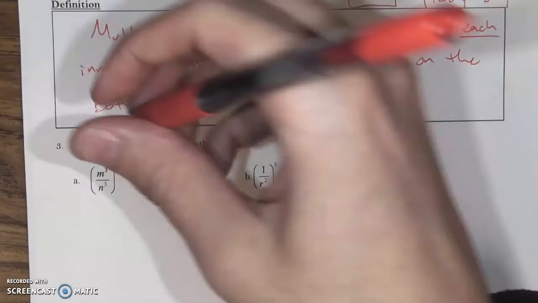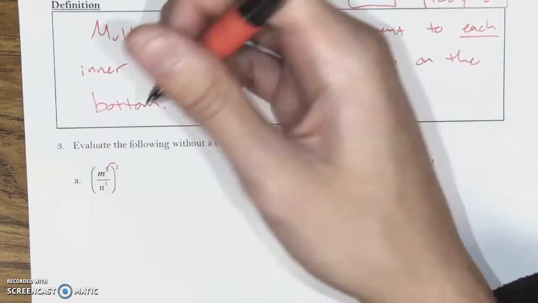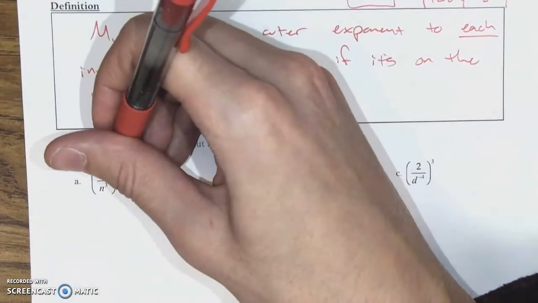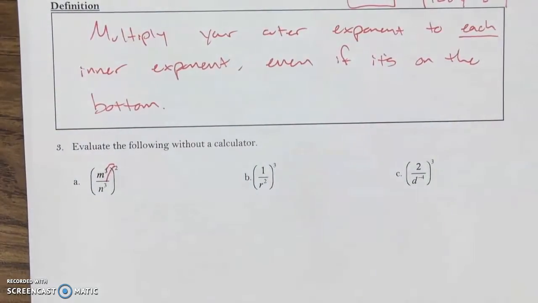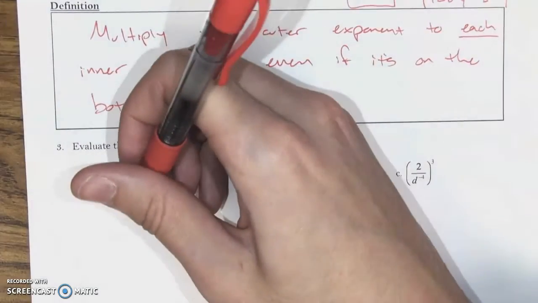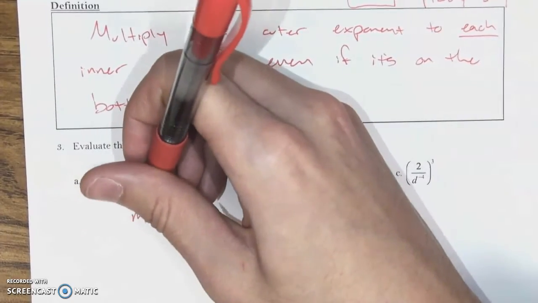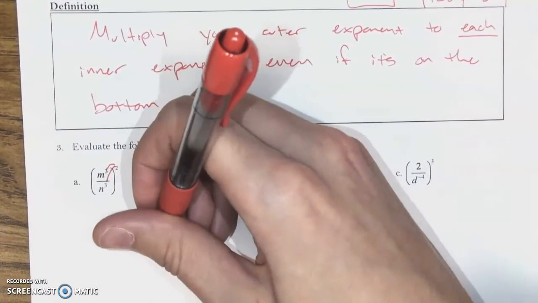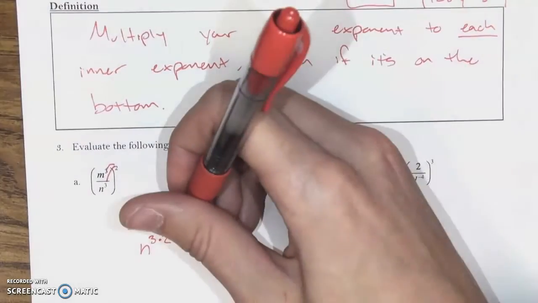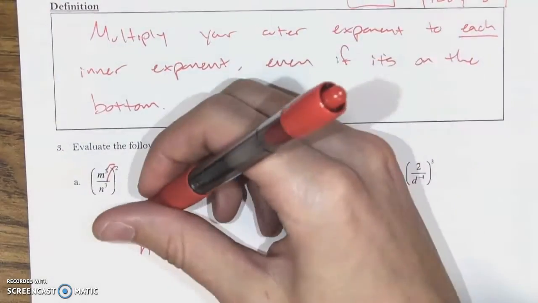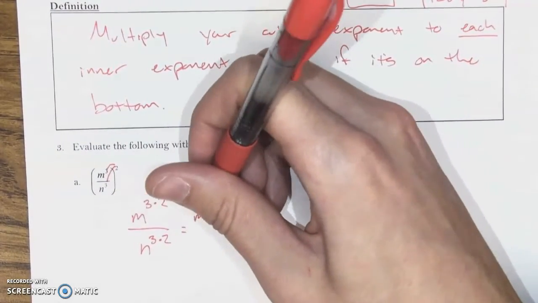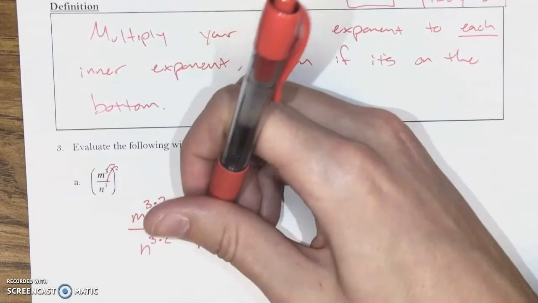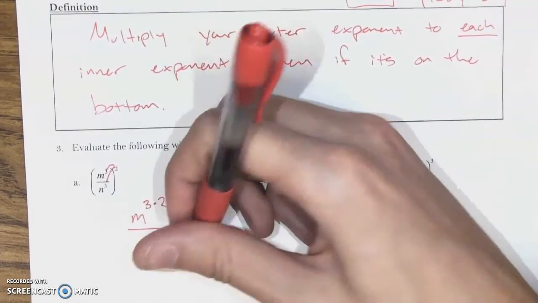So looking at this here, we're going to multiply our exponent here, but we're also going to multiply it to the exponent on the bottom in the denominator. So we have m to the 3 times 2 over n to the 3 times 2. So m to the 3 times 2 is m to the 6th over n to the 6th.